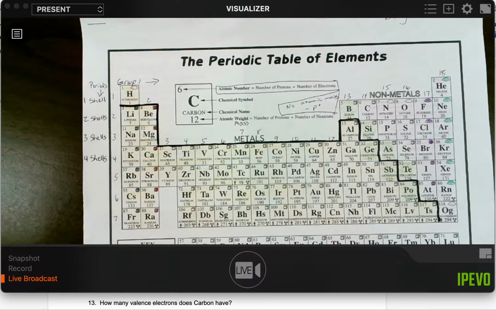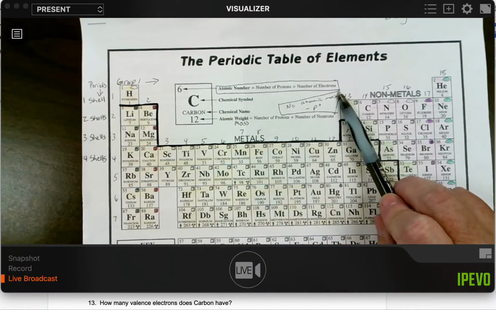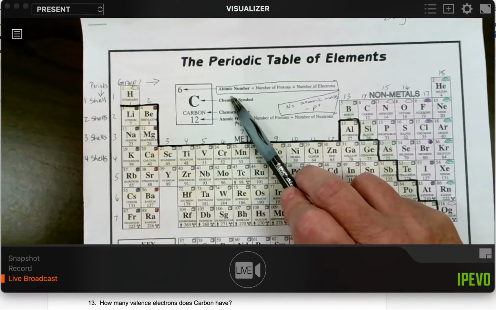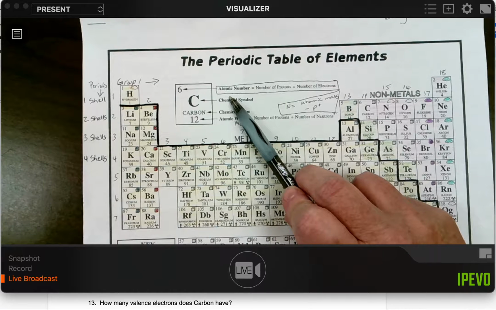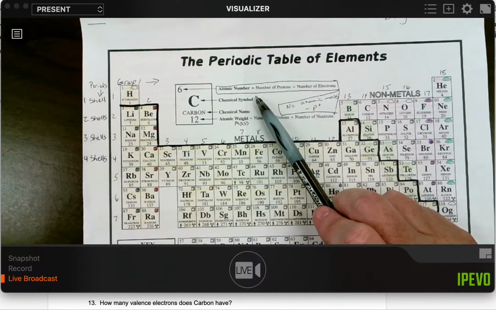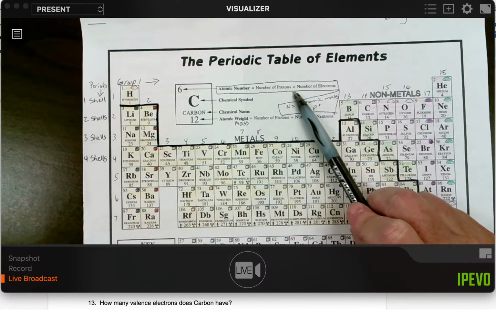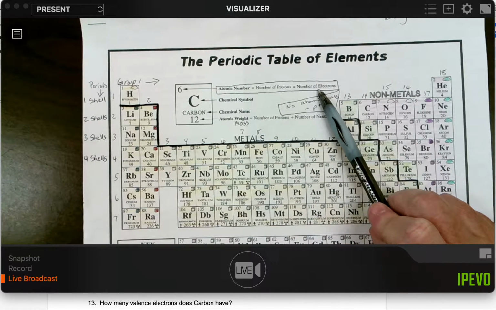We also have added some notes on here. So up here, I put a little square around this box so that you don't have to memorize this. You can use this periodic table as a reference on the test. So it's a way for you not to have to remember these things, but to be able to use this as a resource. So the atomic number is going to tell you how many protons and how many electrons are in an element.